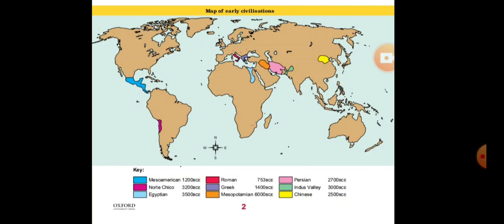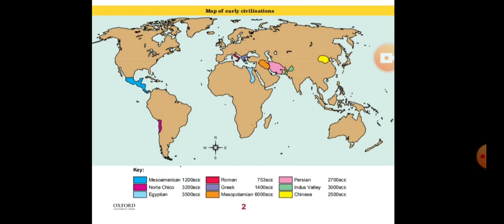First of all, as we are going to learn the history of the world, it is very important to keep in mind the map of the world, especially of the early civilizations. Now you can see that a key is provided with the names of civilizations and different colors, to make it more comprehensible for you to understand the exact location of each civilization.